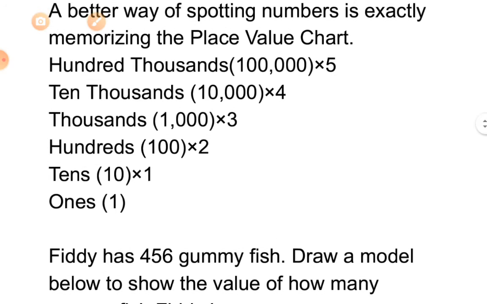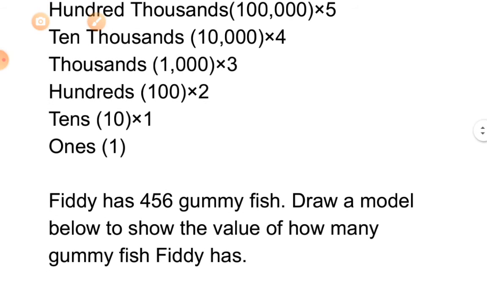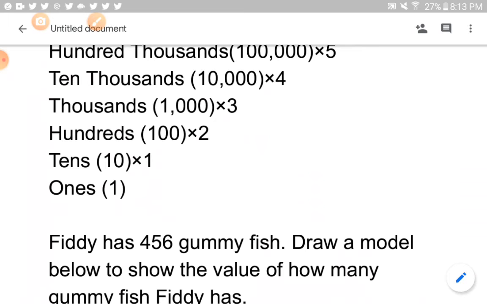To be more precise, we only count the places that don't have any value in them. So since there are 2 places that have no value, we only count those. We don't count the part where it has a value. Like 2 zeros: there are 2 places, the ones and the tens, that don't have a value. There's nothing inside them, so we mark 2.